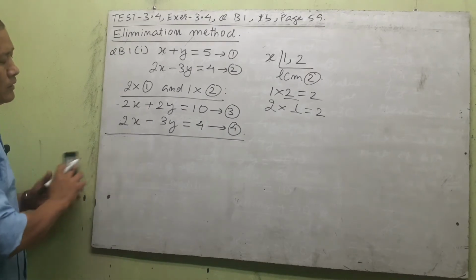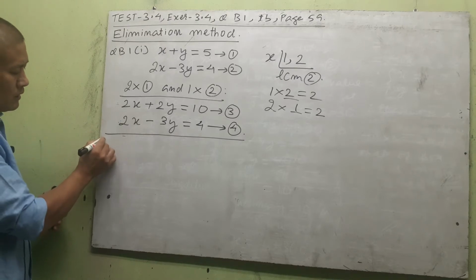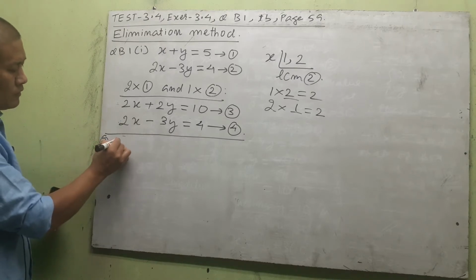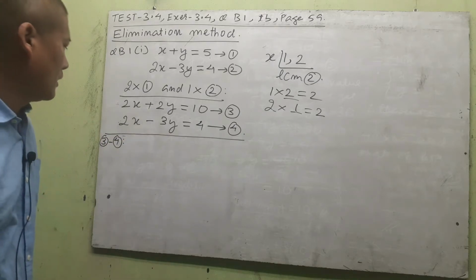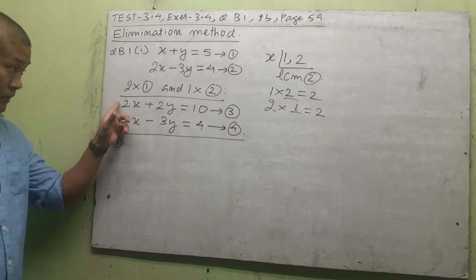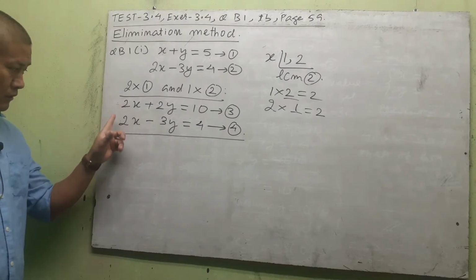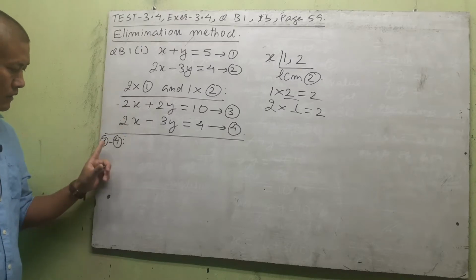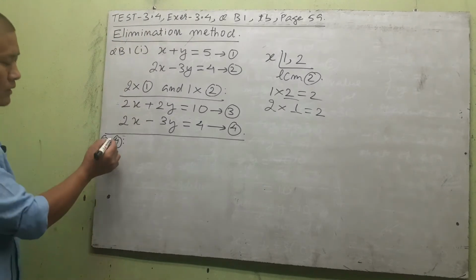If they have different signs, one is plus and one is minus, you write 3 plus 4 to eliminate. You'll get to know as we do this.